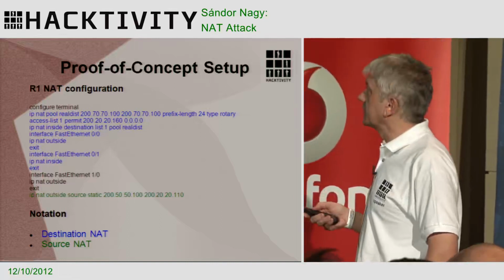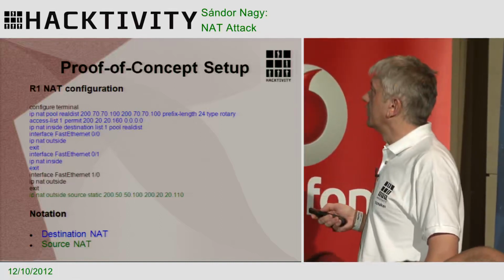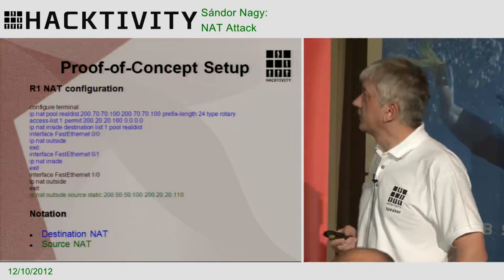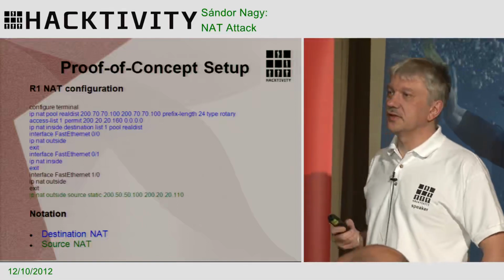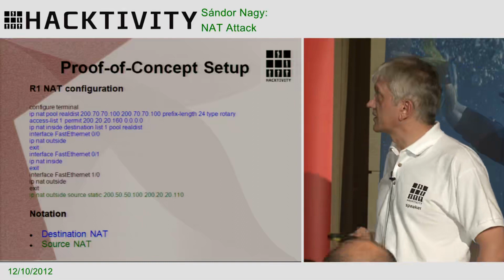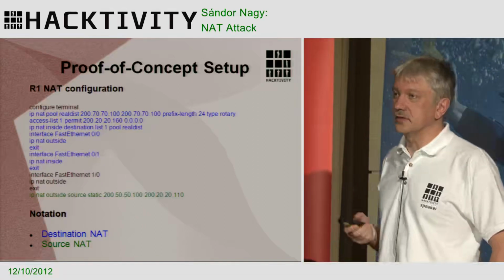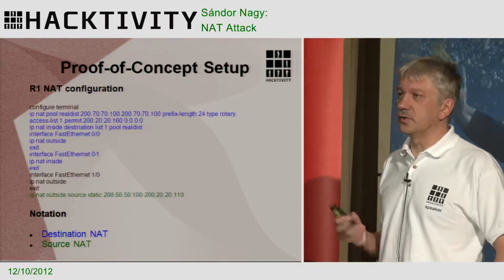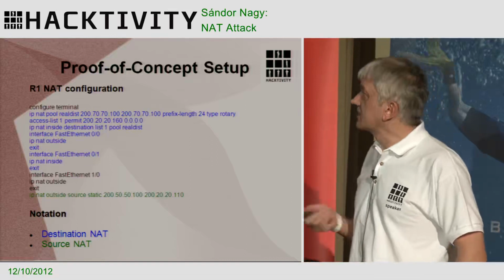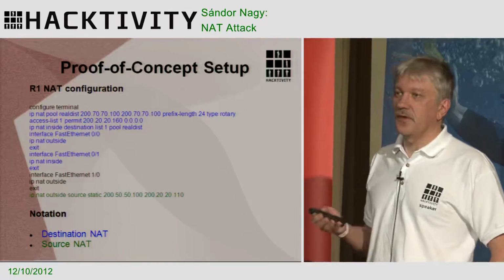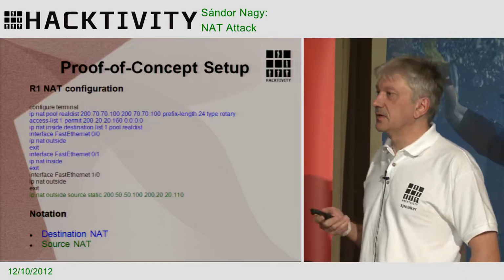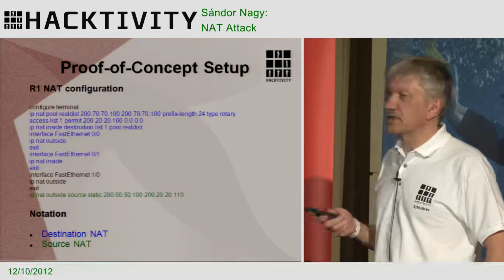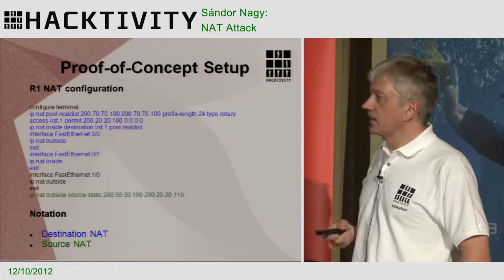There is an interesting part, this first blue line. Actually, this configuration command is intended by Cisco to be used for load balancing. This command is applied for incoming packets, and with this command, we should define a pool of IP addresses to which the incoming packets should be forwarded.